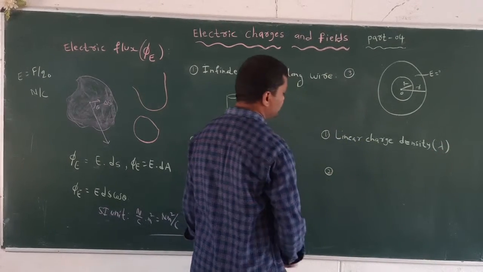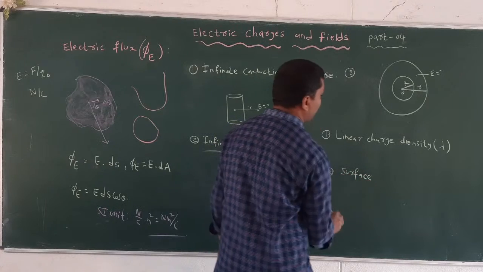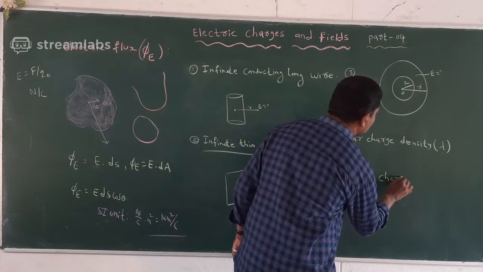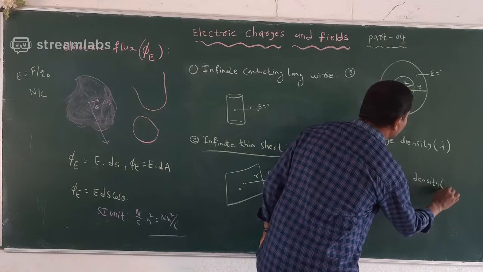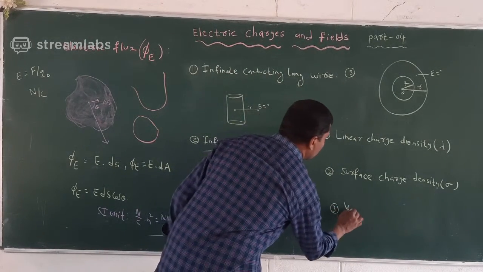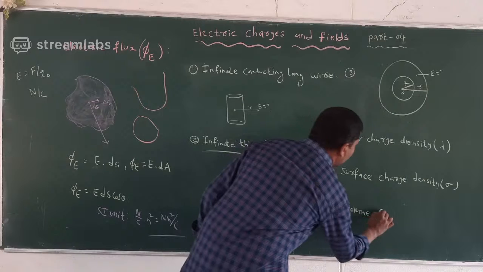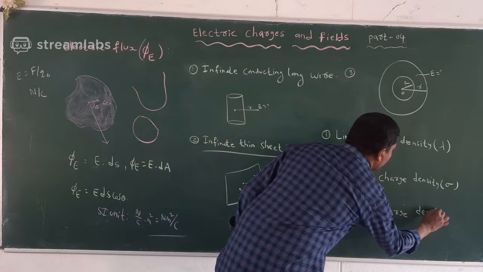And second one is surface charge density. This is represented by sigma. And third one is volume charge density.